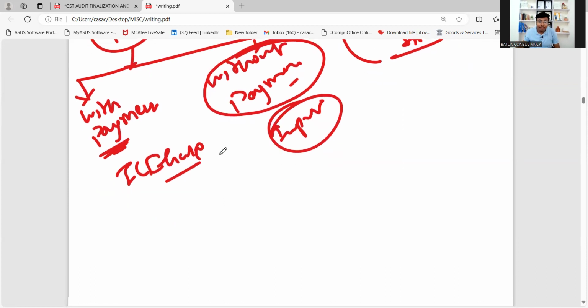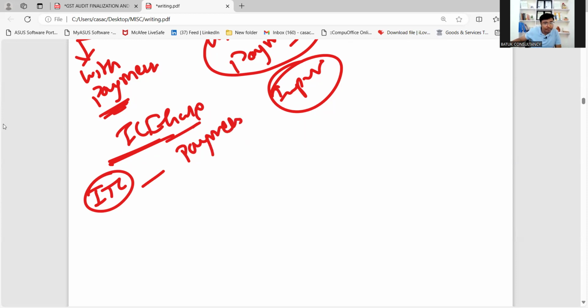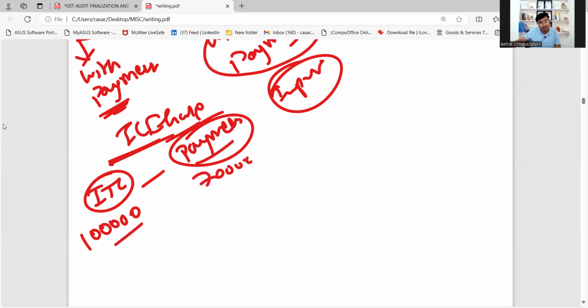Okay, in case of with payment of tax, one important point is that when you are checking the data or finalizing your GST audit, at that time you just need to ensure whatever is the input tax credit in the particular case for the export with payment of tax, and whatever will be the payment. कहीं ऐसा तो नहीं है, input tax credit is 1 lakh rupees and payment is just 70,000 rupees.